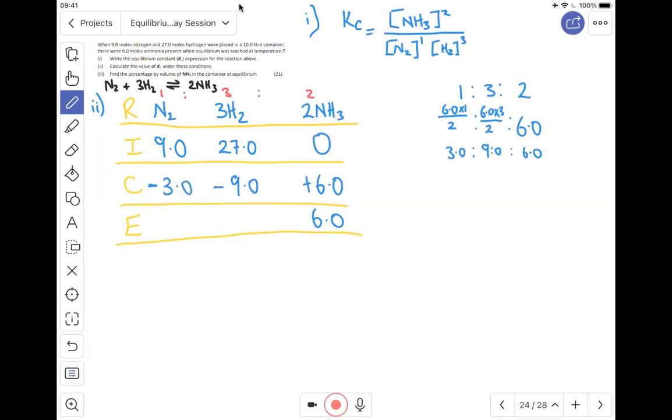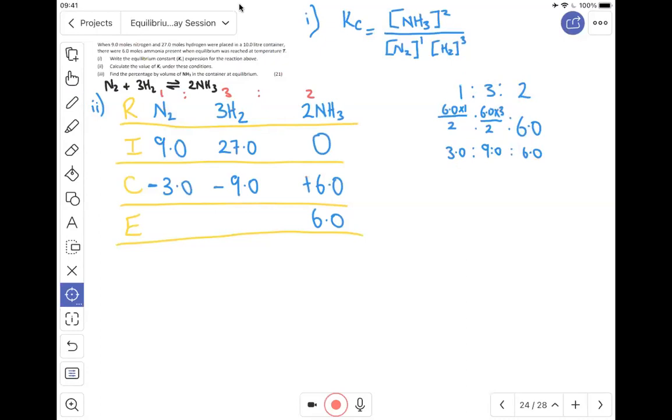Basically you use the change that you have, and then you look at your ratio to work out the concentration change of the rest of them. Because 6 moles represented 2, if you divide that by 2 and multiply it by 3, you can figure how much of the hydrogen depleted. Similarly, dividing by 2 and multiplying by 1 will tell us the amount of the nitrogen that depleted.